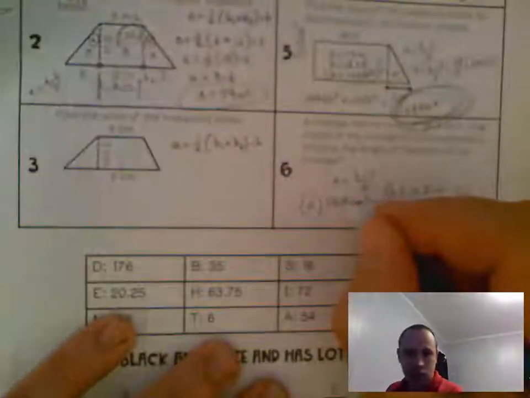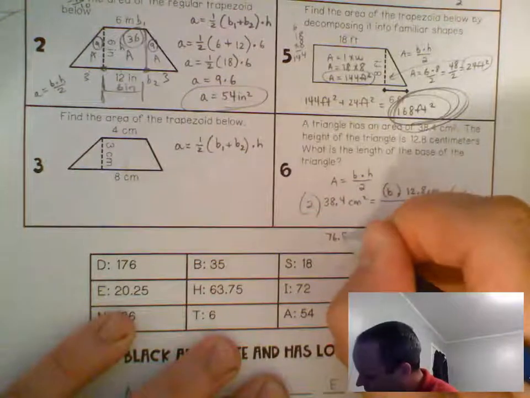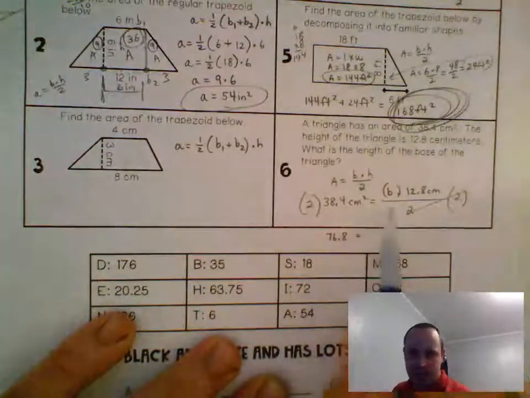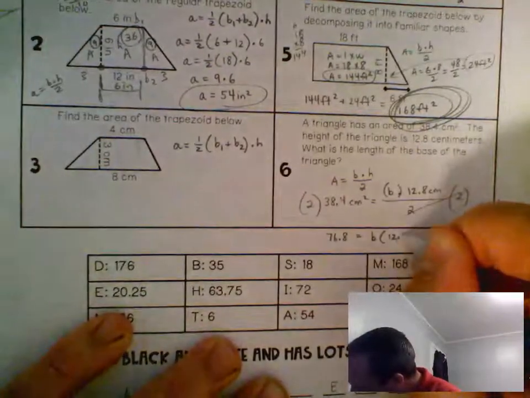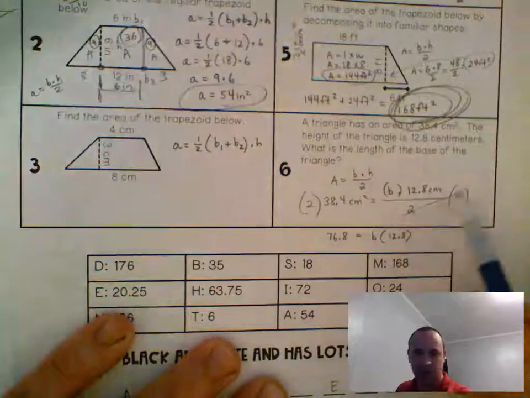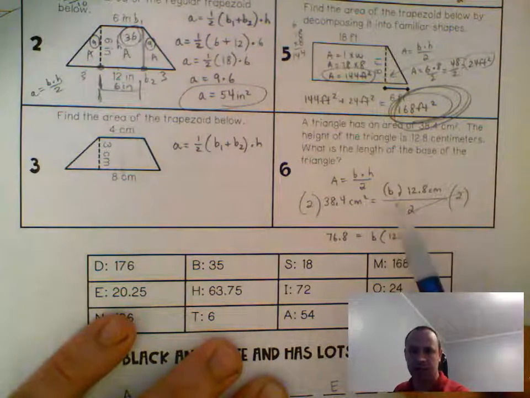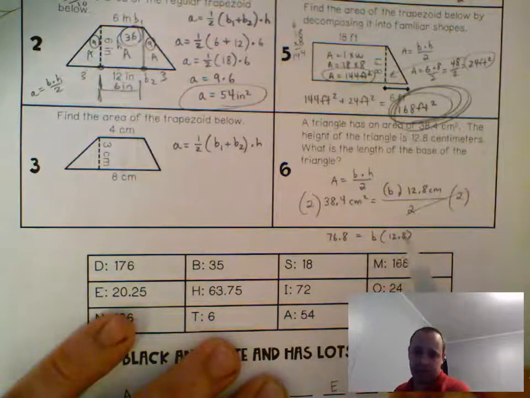This side will give you twice of that, which is 76.8. So you got 76.8 equals B times 12.8, because all of this crosses off, right? Because 2 divided by 2 is 1, so that crosses off. So you still have your B times your 12.8. And now it's just a little simpler here.